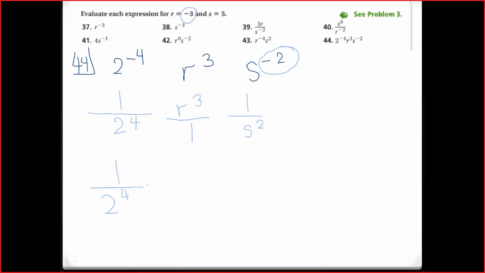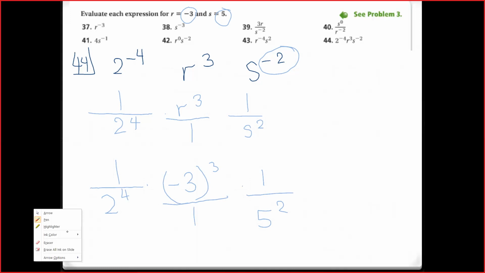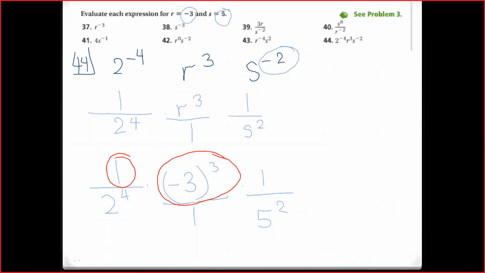What is the value of r? Negative 3 cubed times 1 over, what is the value of s? 5 squared. I will solve now the numerator. 1 multiplied by negative 3 cubed multiplied by 1.